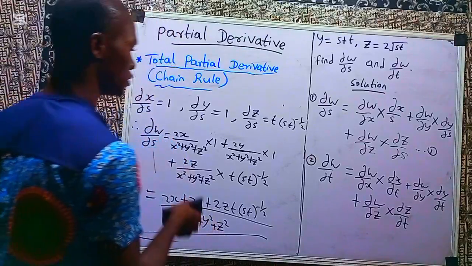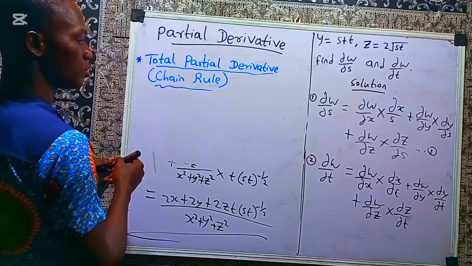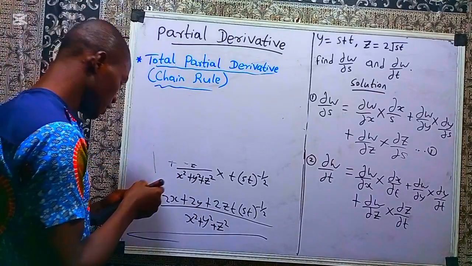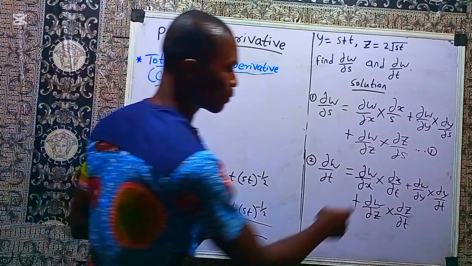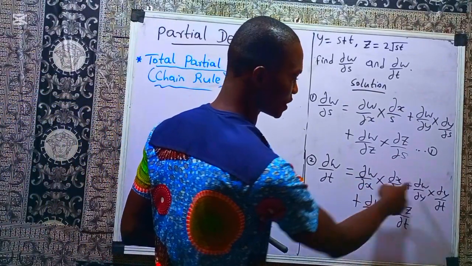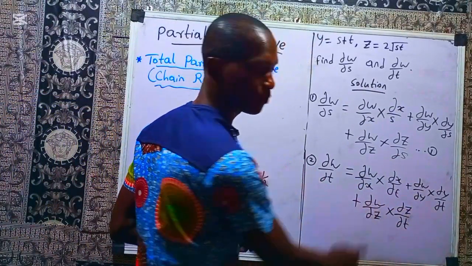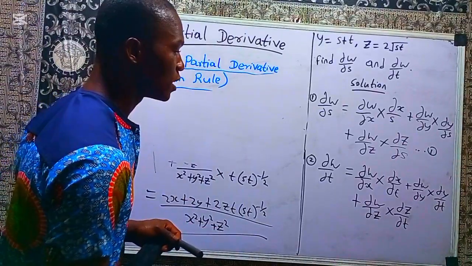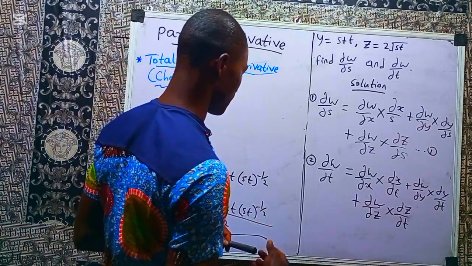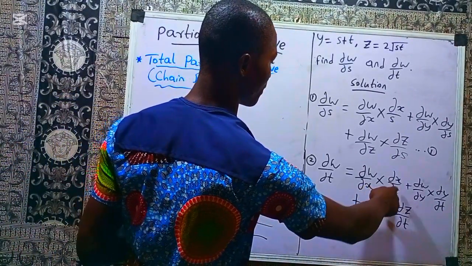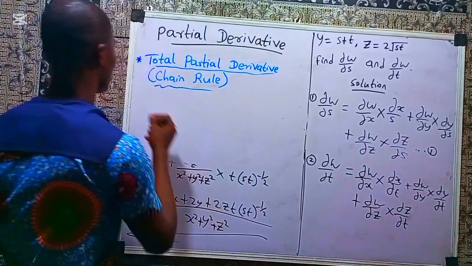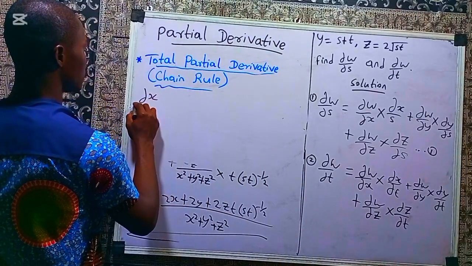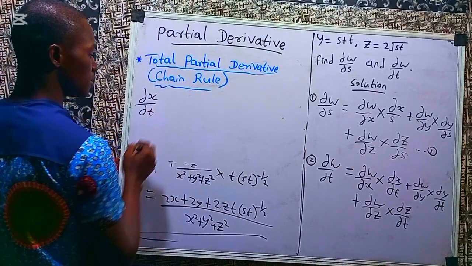So let's do the substitution here. We have gotten partial w partial x before, partial w partial y, and partial w partial z before, right? What is now remaining is we need to get partial x partial t. Now what is partial x partial t?